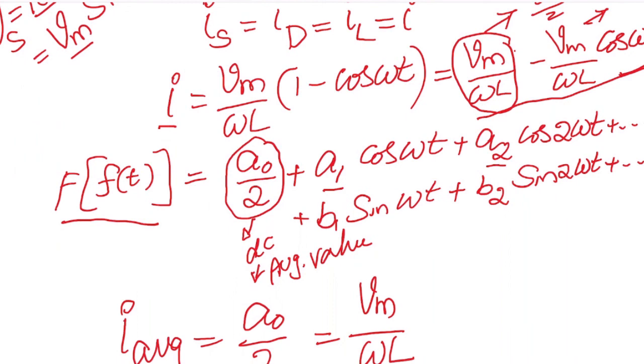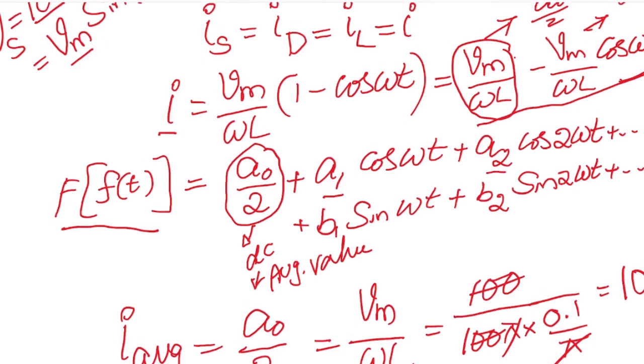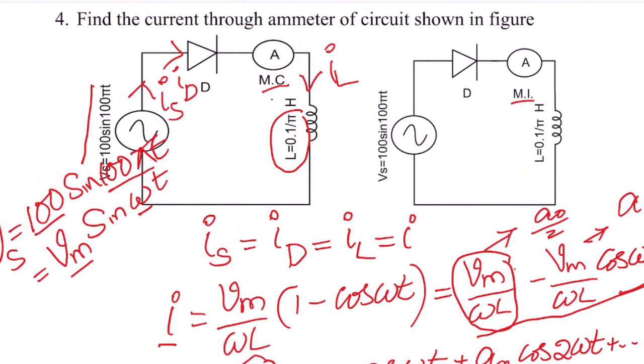Calculating this, Vm is 100, omega is 100 pi and L is 0.1 divided by pi. The pi gets cancelled, the 100 gets cancelled, and 1 by 0.1 becomes 10. That means for the first circuit the answer will be 10 amperes. The MC meter reads 10 amperes in this circuit.